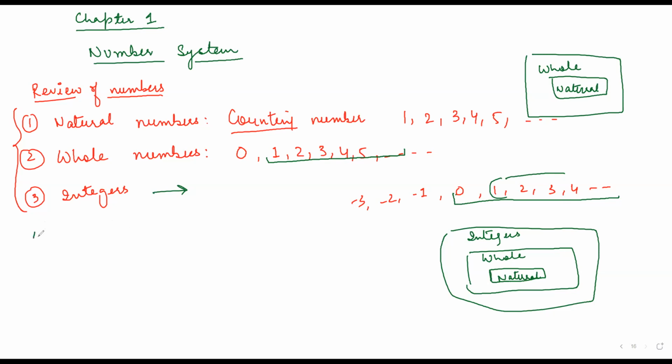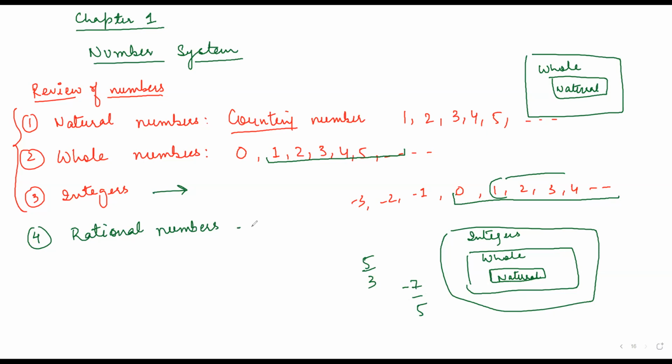Now the next type of number which I have is called rational numbers. So far I have dealt with positive numbers, then I included 0, then I included negative numbers. What about numbers like 5 by 3 or -7 by 5, fraction kind of numbers? These are called rational numbers.